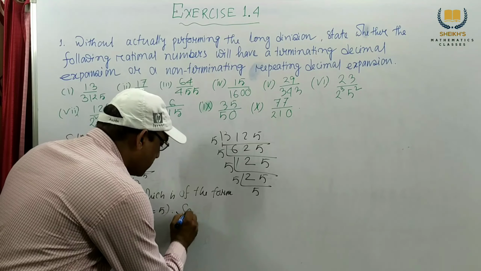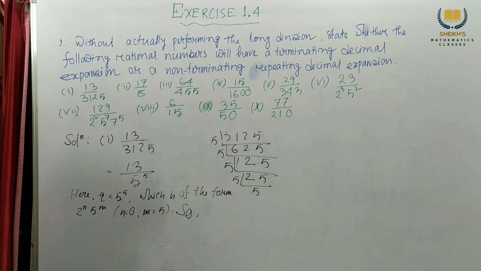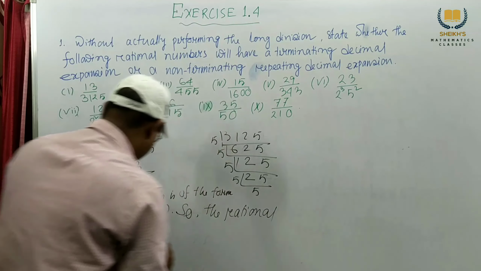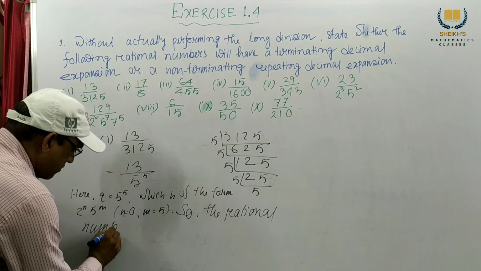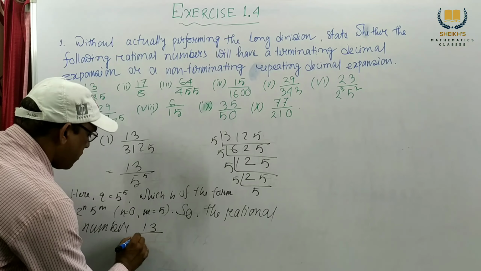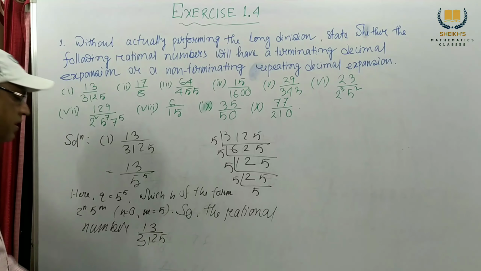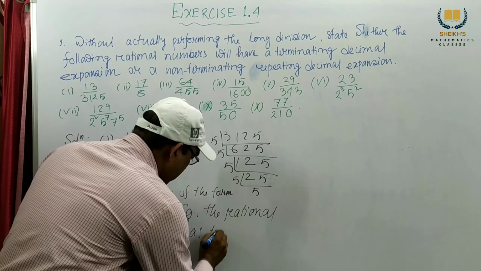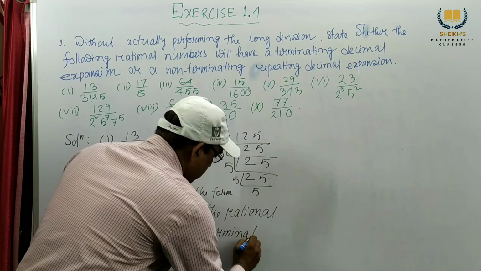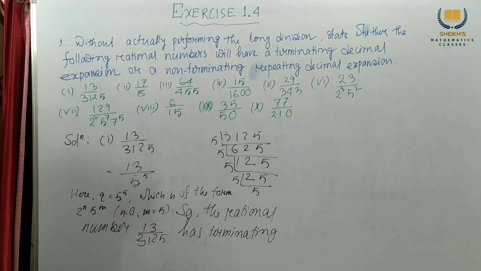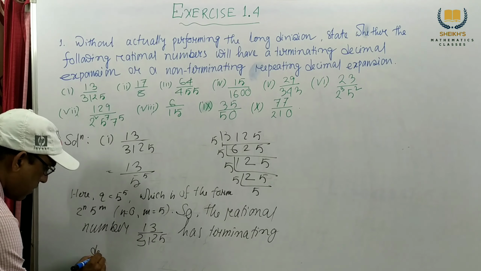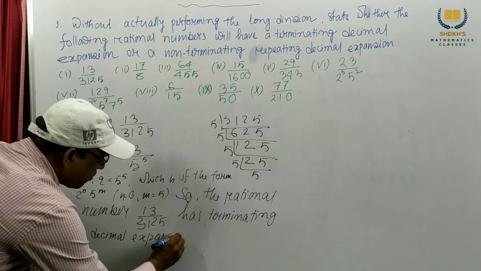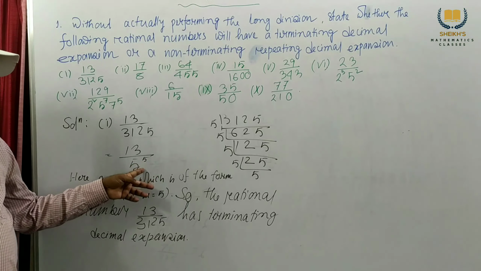So the denominator is 5 to the power m. So the rational number 13 by 3125 has a terminating decimal expansion, because the denominator is 5 to the power something.